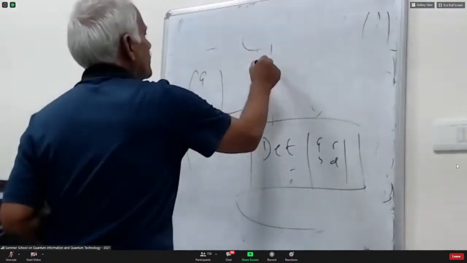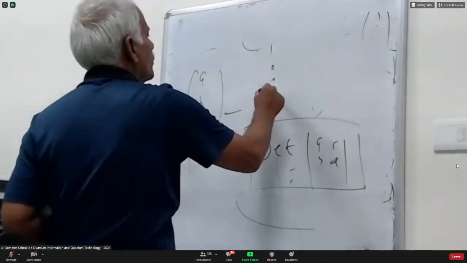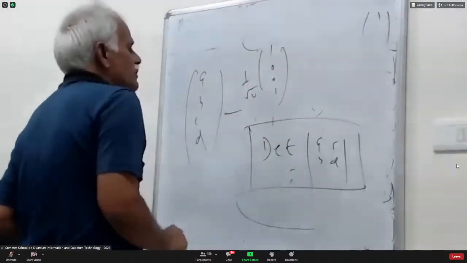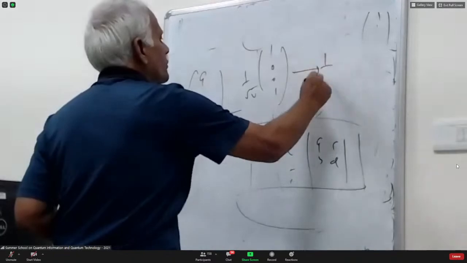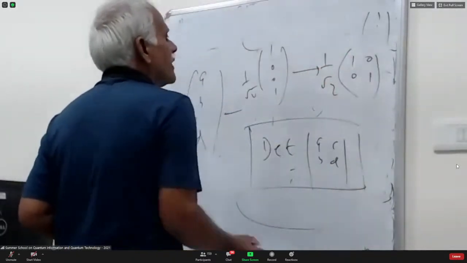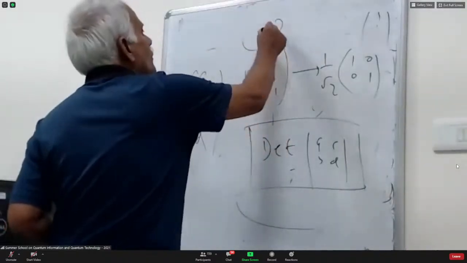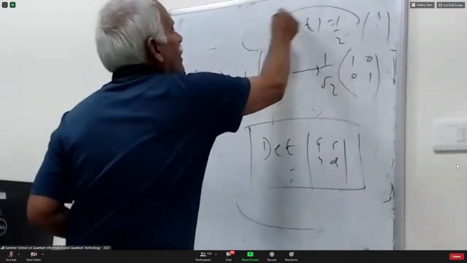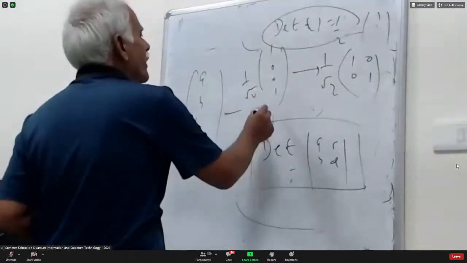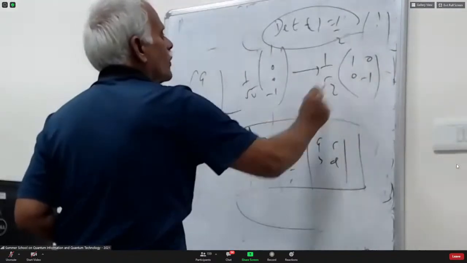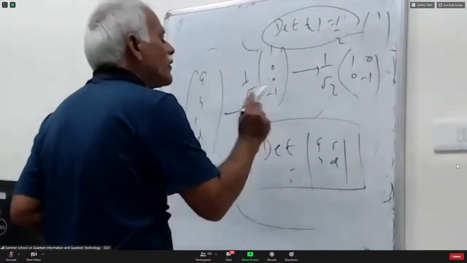So I take this state 1, 0, 0, 1 with a 1 by root 2 factor. I follow his prescription and make a matrix of 1 by root 2, 0, 0, 1. Take the determinant. Determinant is equal to half. And if I take -1, the determinant will be -half.